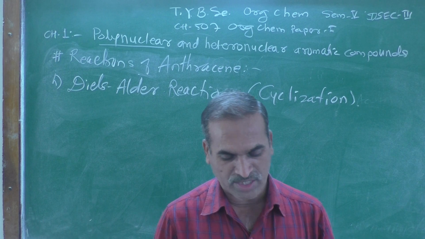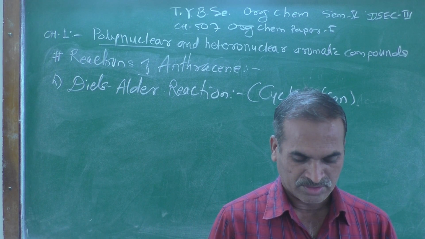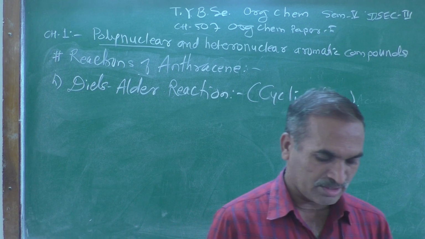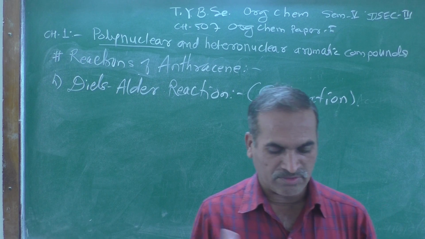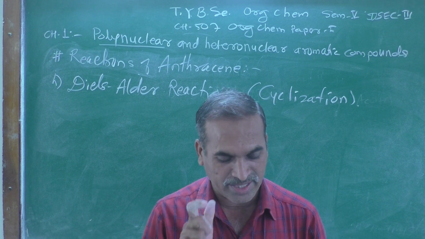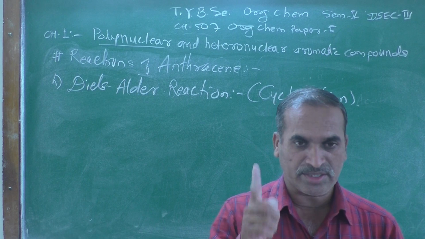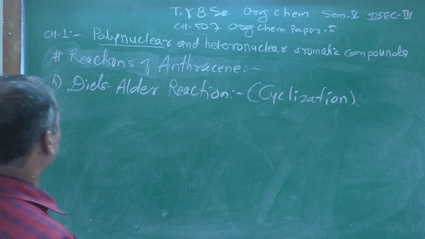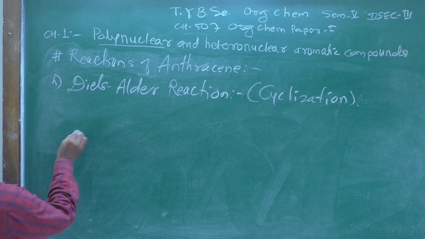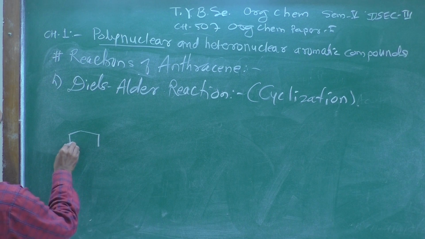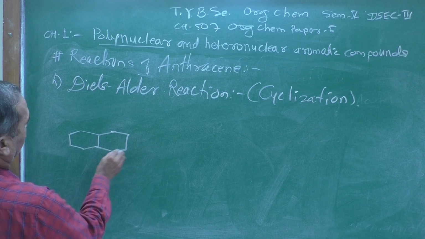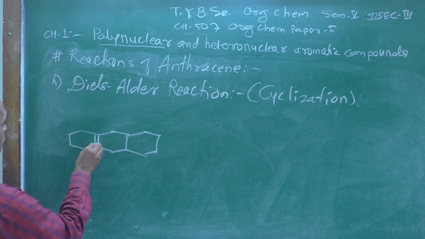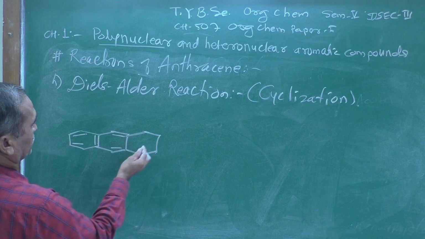Anthracene easily undergoes a cyclization reaction, giving mainly the 4+2 addition product on heating with maleic anhydride. Addition occurs at the 9 and 10 positions. Let's see here once again. Here I am showing the structure of the starting material, which is anthracene.